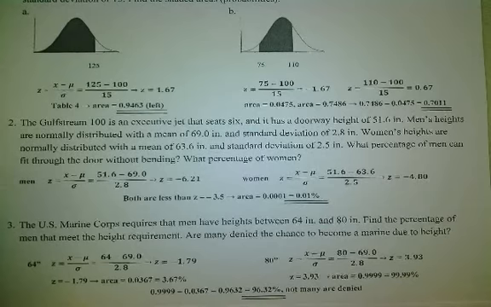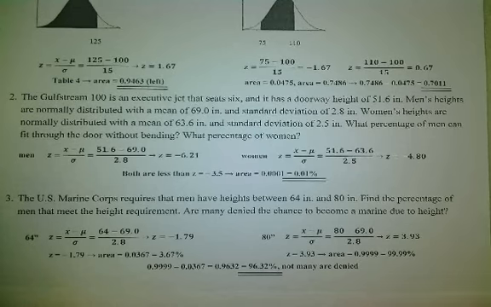So we subtract between the two, and we end up with 96.32% of all men on average fit between those two heights, and so no, not very many are denied. And as I said, this is a short section. That's pretty much it. We are done with section 5-2.